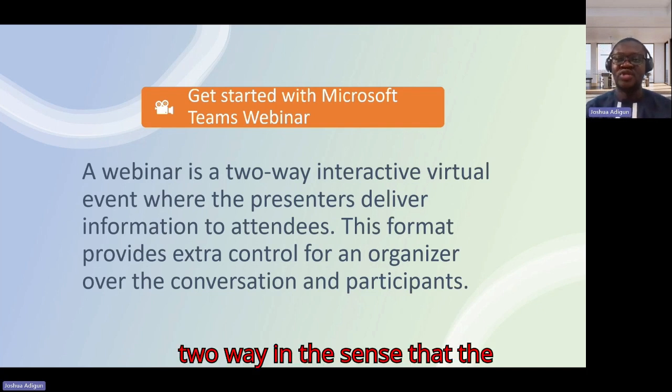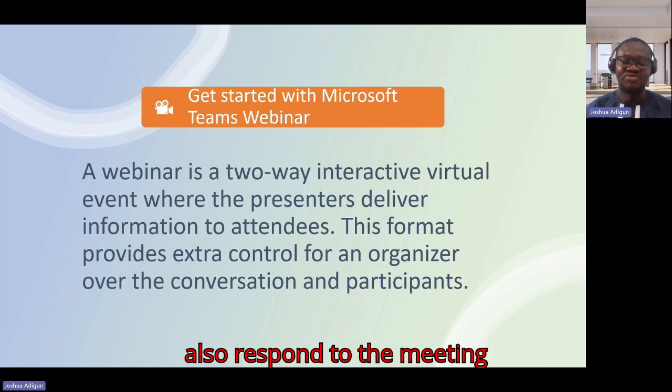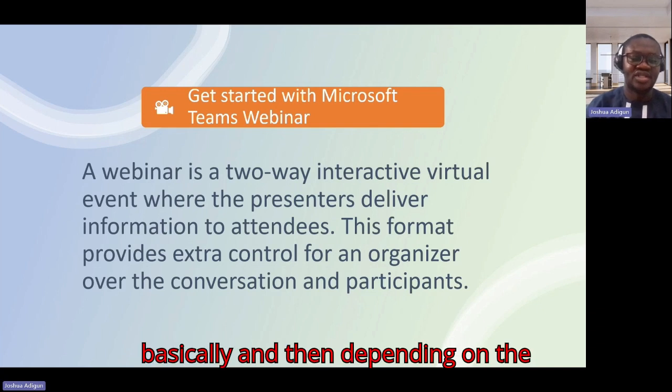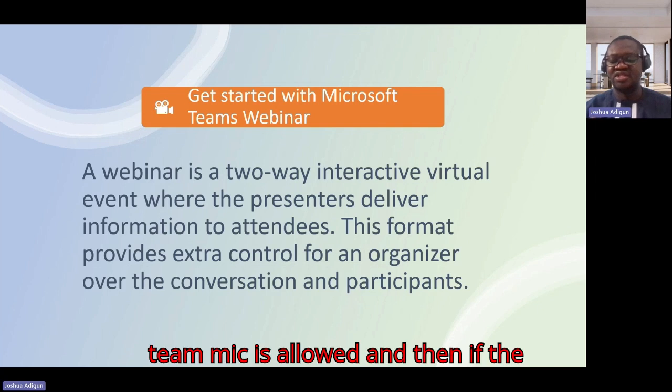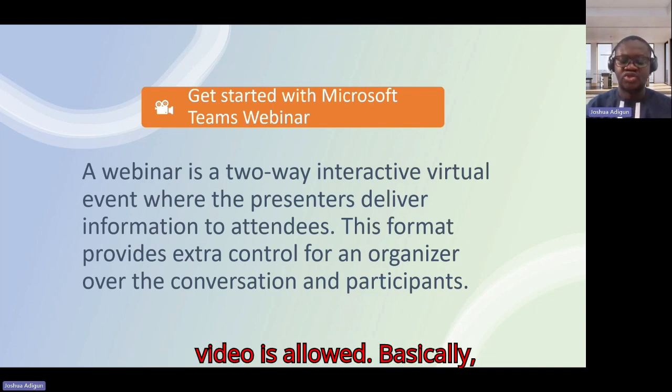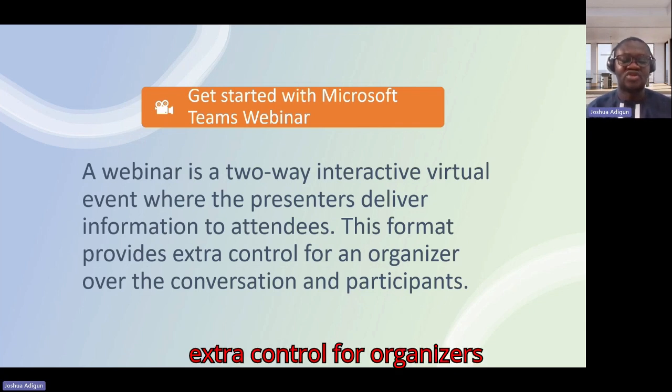Two-way in the sense that the presenter presents, and the attendees can also respond to the meeting, depending on the settings for the webinar, if the mic is allowed, and if the video is allowed. What a Teams webinar does is it provides extra control for organizers over the conversations and the participants.